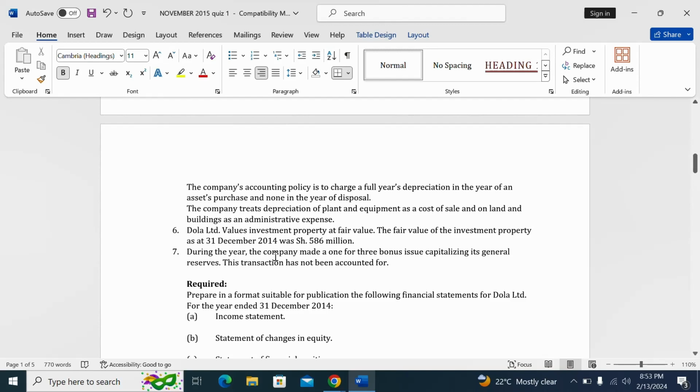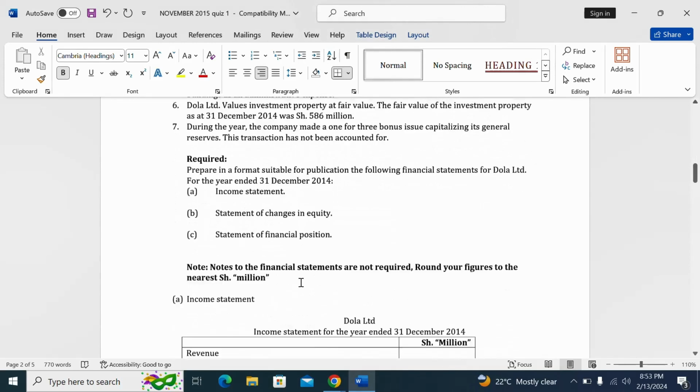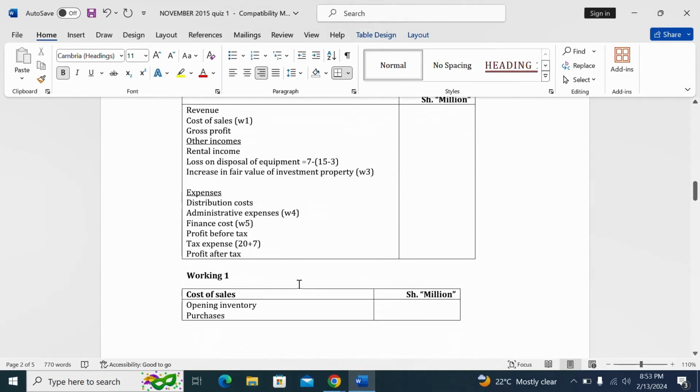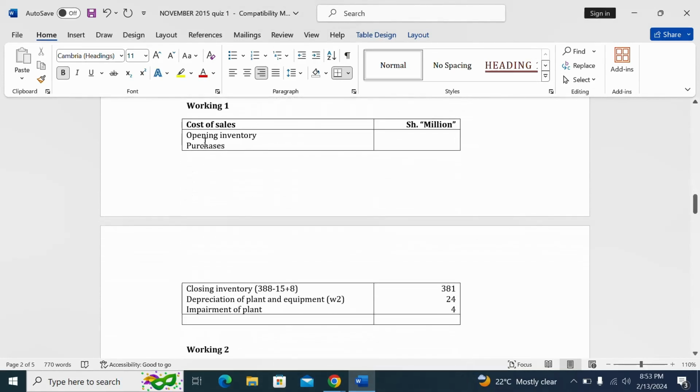Remember, in part B, we are told to do the statement of changes in equity. That's when we are going to calculate this one. Let us finish up with our working notes so that we can finish our income statement.